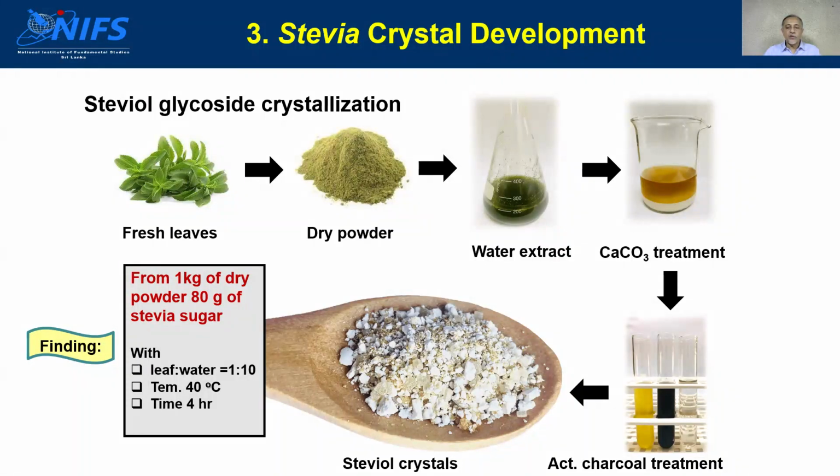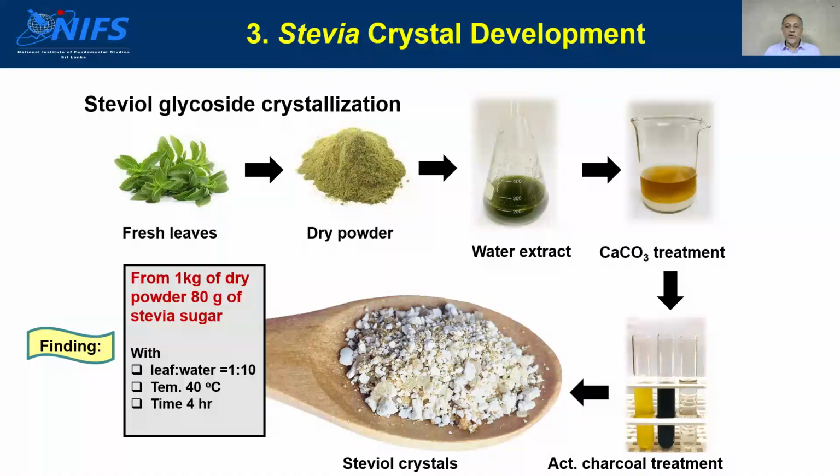It is a turbid solution, and therefore we add a little calcium carbonate. After adding calcium carbonate, we get a dark chocolate color solution, and we want to purify this solution using activated charcoal.